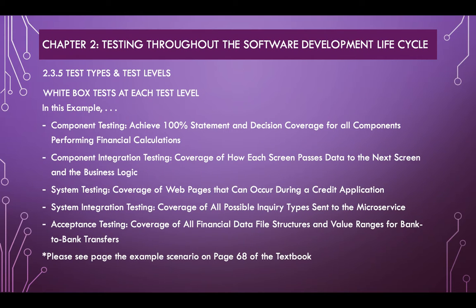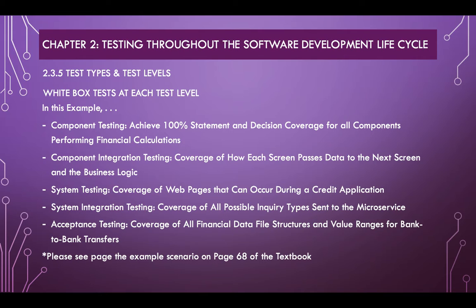In the white box test at each test level, in the example, component testing achieves 100% statement and decision coverage for all components performing financial calculations. Component integration testing, coverage of how each screen passes data to the next screen and the business logic.